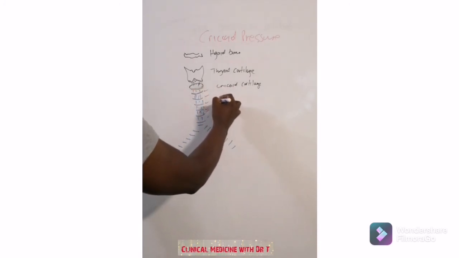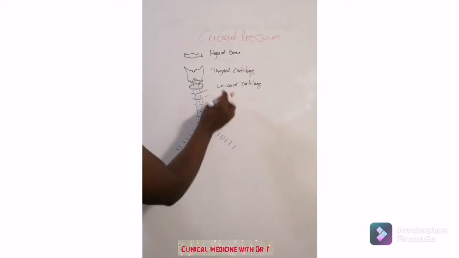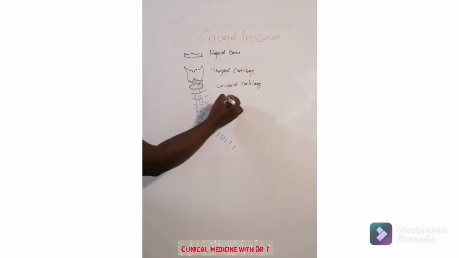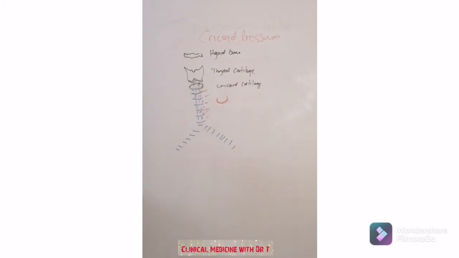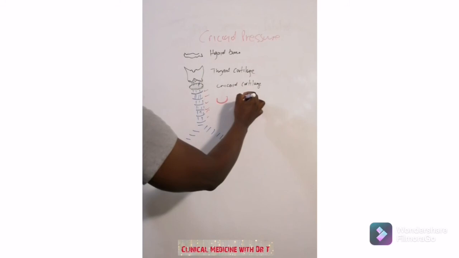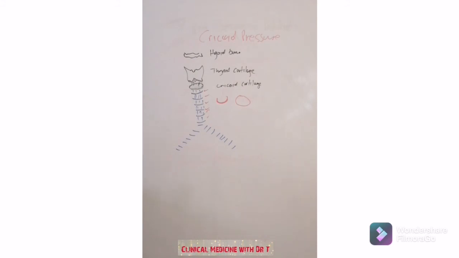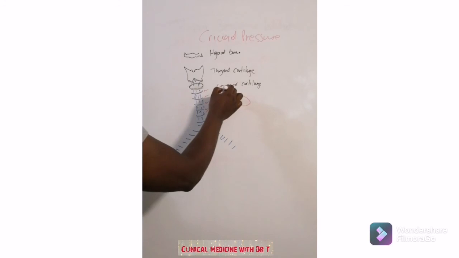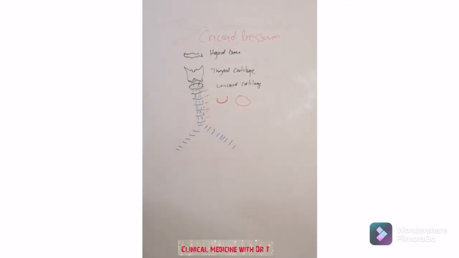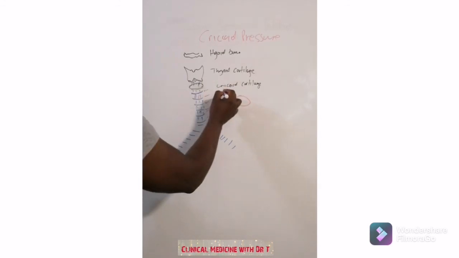These ones are like this, so at the back, there's no cartilage. Unlike the cricoid cartilage, which is complete like that. And remember, behind the trachea you find the esophagus.